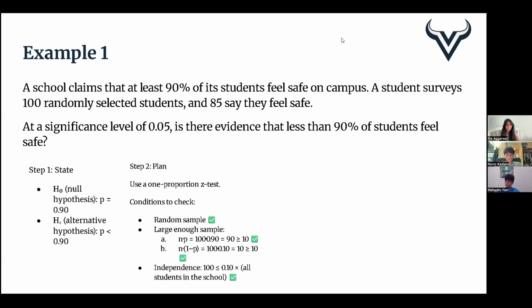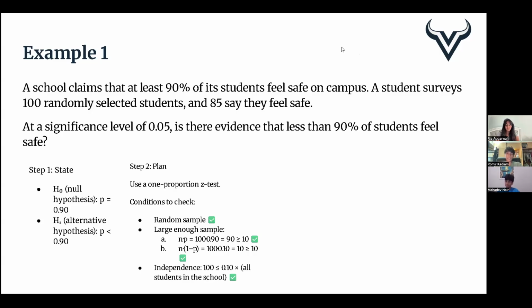Step two is to plan our procedure and our conditions. For this test, we're going to be using a one proportion z-test. Before we run the test, we have to check three conditions. First, is it random? The problem says students were randomly selected, so that condition is met.